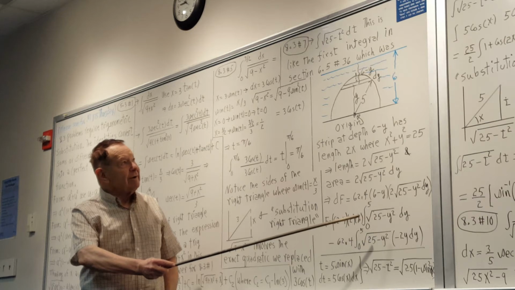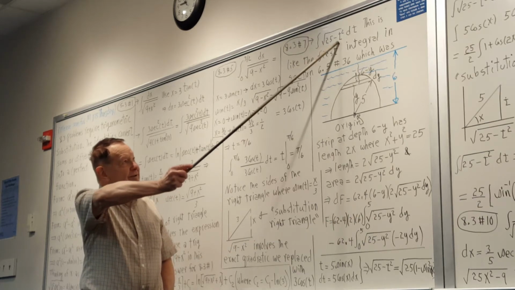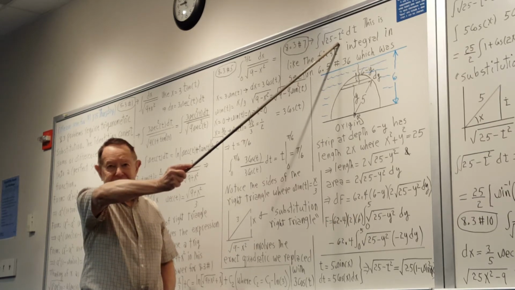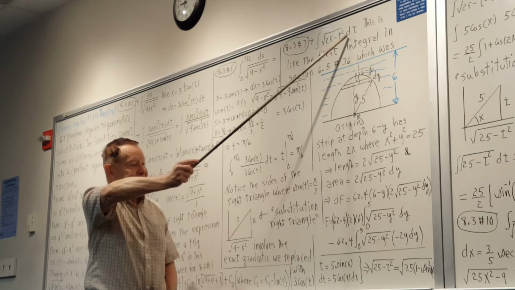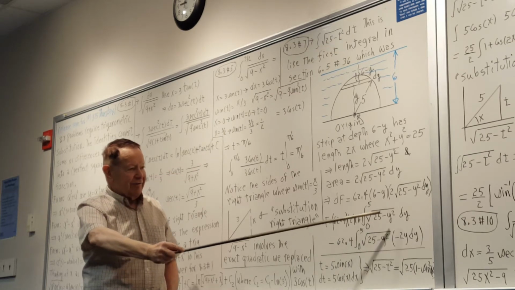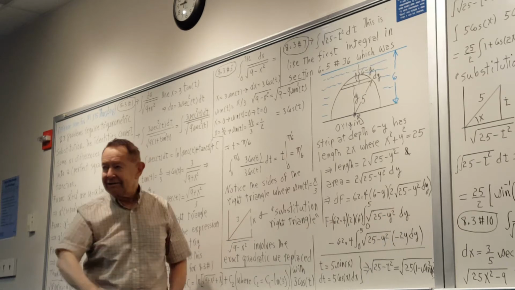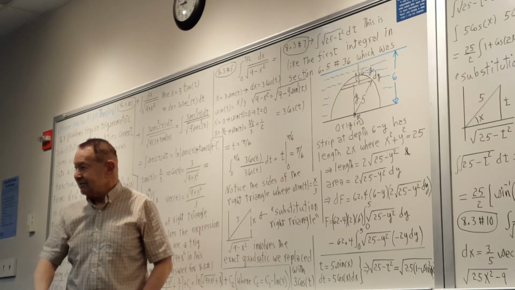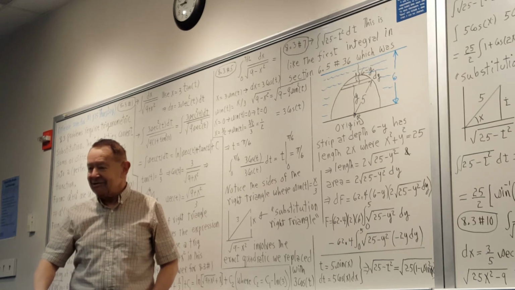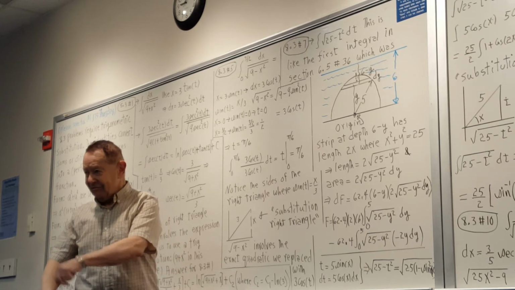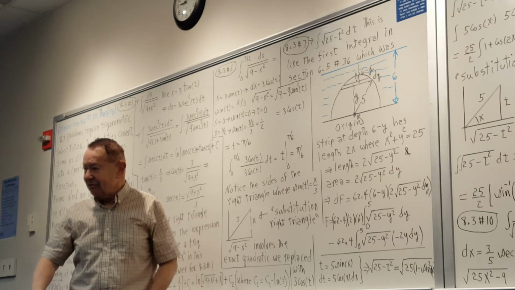Okay, so this is basically that same integral. See? Whether it's 25 minus t squared dt or 25 minus y squared dy, it's the same issue. So now we will see how you do it. In other words, how they got the formula that's in the back of the book.